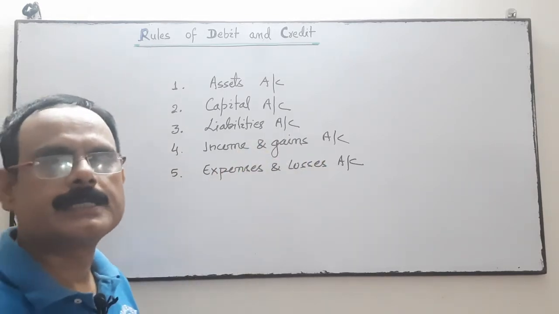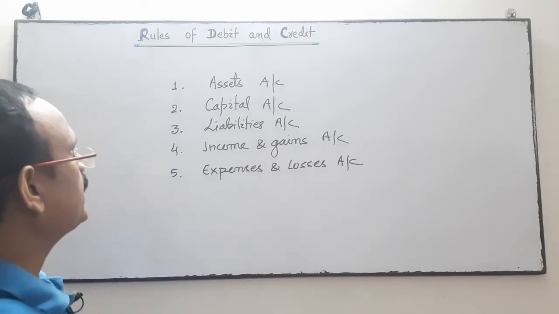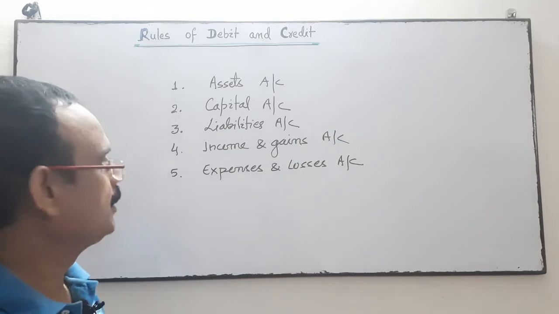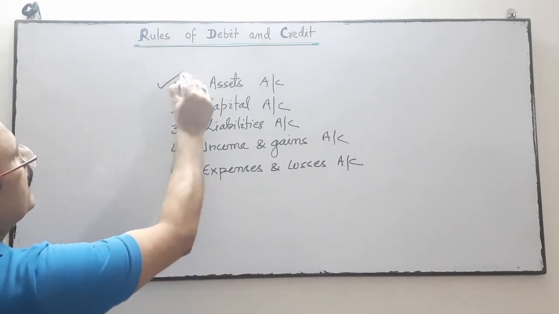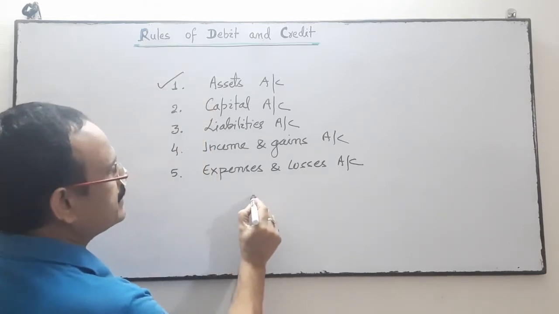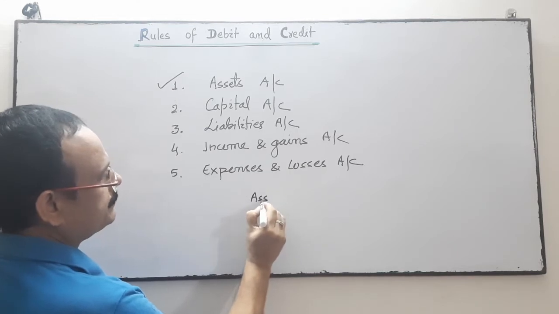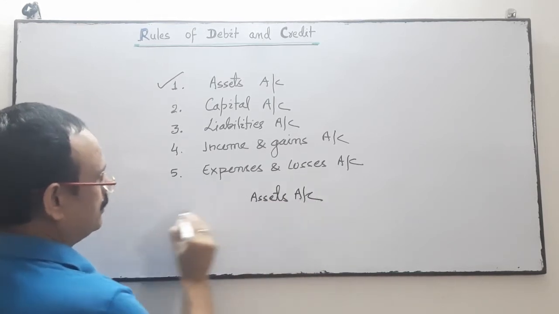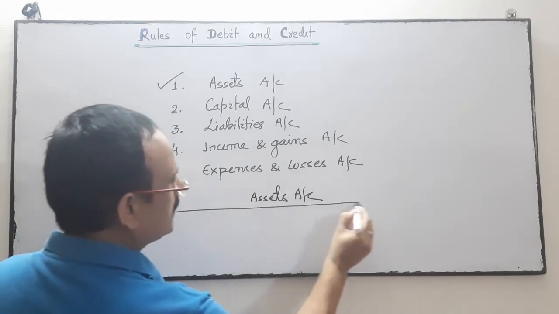So we have to see the rules of debit and credit under the various accounts. First of all, come to the assets account, any asset. There are two sides of this account.